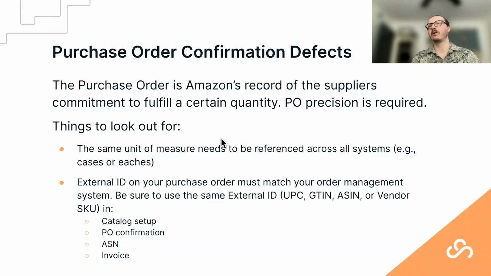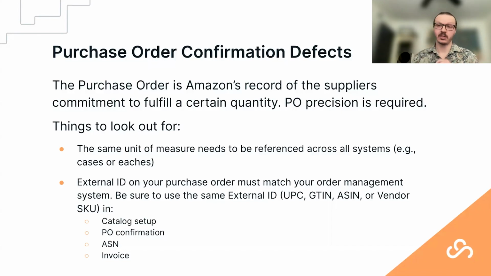And again, I'll harp on the units of measure here and needing consistency across systems. So if Amazon's ordering in cases, ideally confirm as well as invoice in cases. If it's in eaches, same thing.